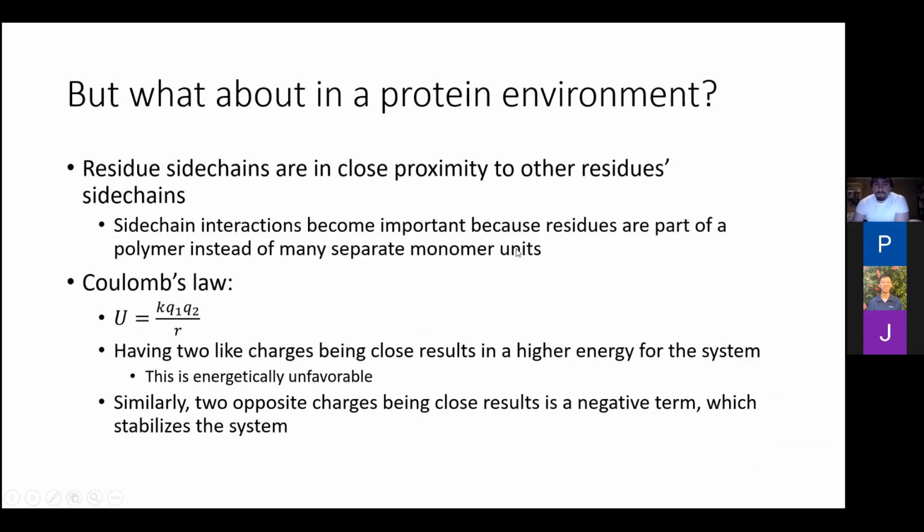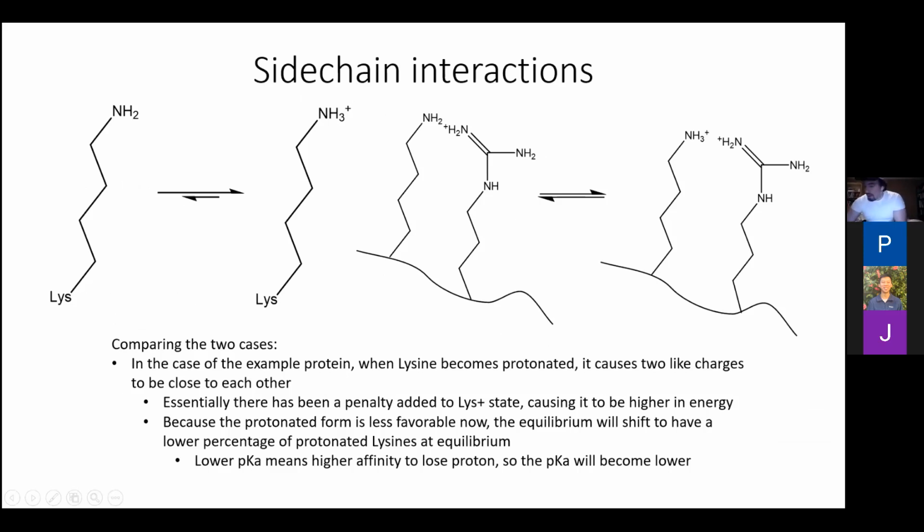Here are the two example cases shown side by side. You have the previous one where it's just lysine as an amino acid solo. And then on the right, you have an example protein.